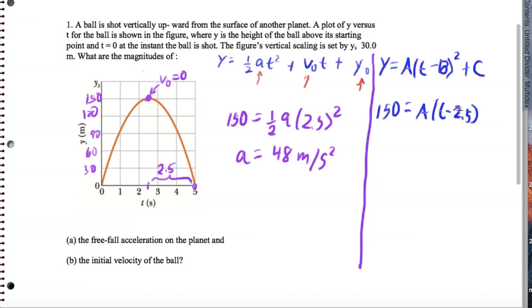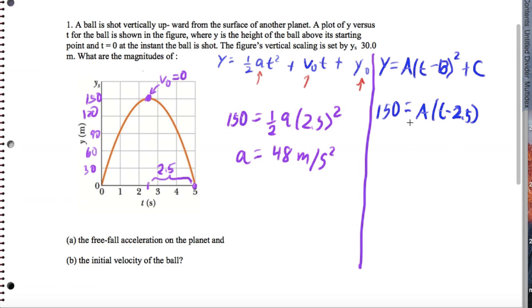Here's the thing: I don't want to mess with any times here, so I'm going to guess that B is 2.5 and that C is 150, because that gives me the right answer. If I put 2.5 here for B, then when t is 2.5, everything works out nice and perfect.